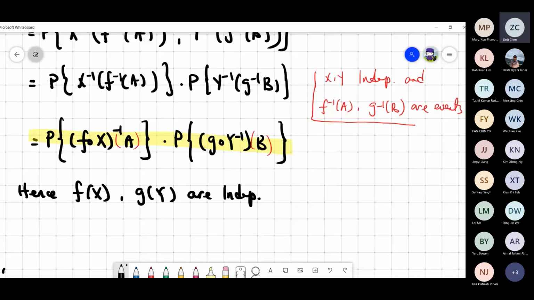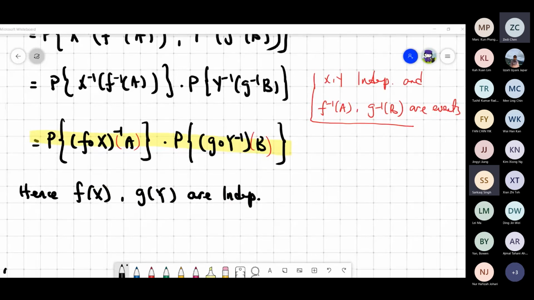Number 8. Actually, for number 8, I just want to clarify, because we show that it is dependent.